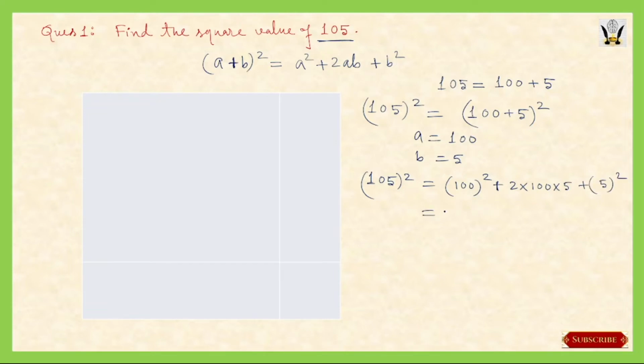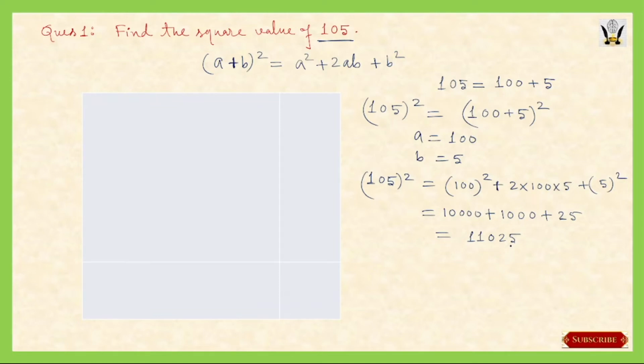So it will be 10,000, with 4 zeros, and then 5 twos are 10, multiplied by 100 it will be 1000, and here it will be 25. So finally it is 11,025. Easily we have found it by using this identity.